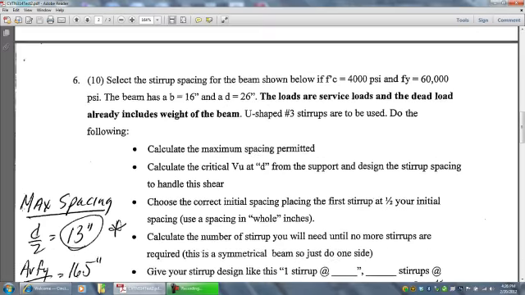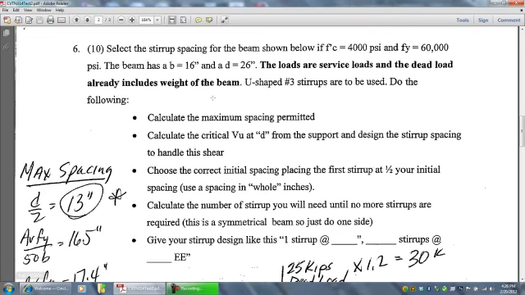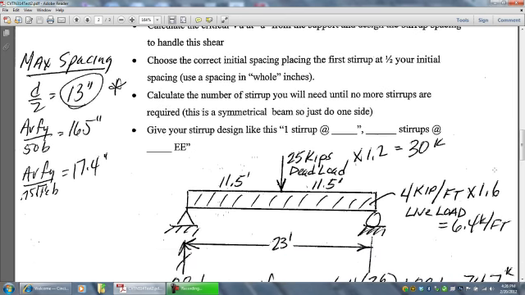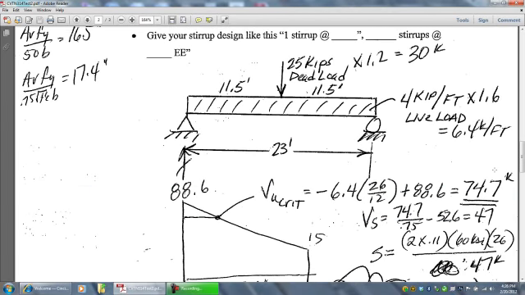The shear problem. Calculate the maximum spacing permitted. You can see the maximum spacing over here comes out to 13 inches. Calculate critical VU at d. Well, here's the load diagram here. You can see I've had to take the dead load and multiply it by 1.2 to give me a 30 kip concentrated load.